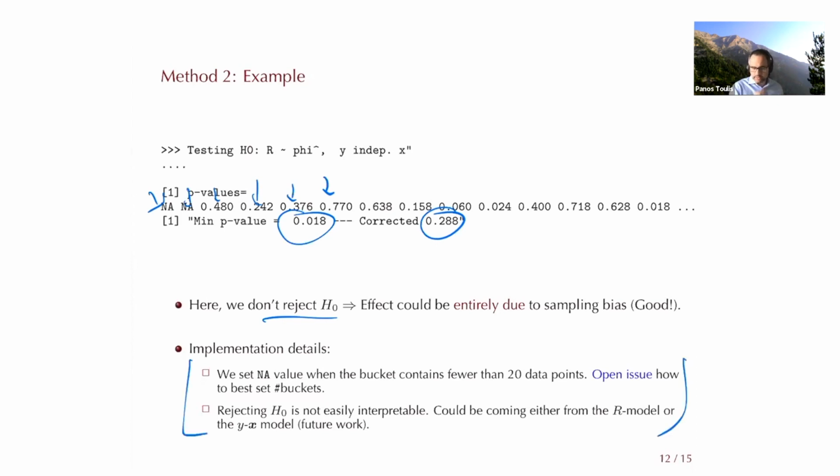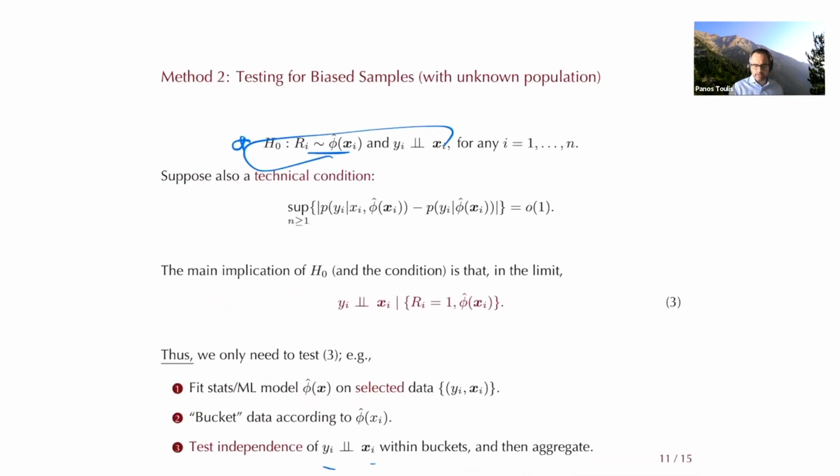It's more like trivia. Why do I talk about stats and machine learning? Because these models are very flexible, and they can learn these phi hats in a very flexible, very aggressive way. That is a peril of machine learning. They're very powerful, and they might not be learning the relationship between Y and X. They might be learning the selection mechanism.